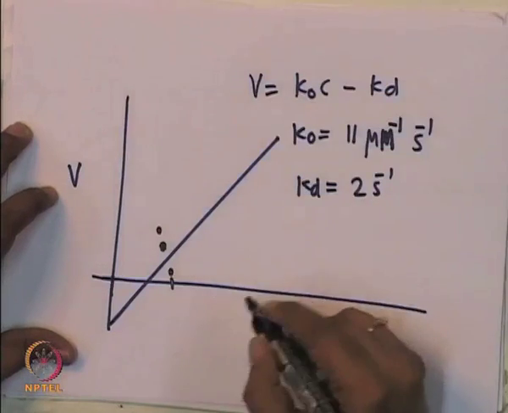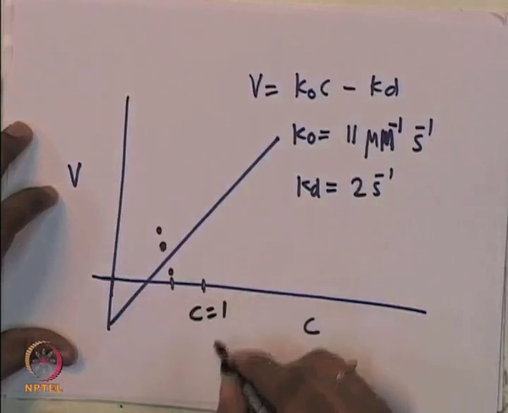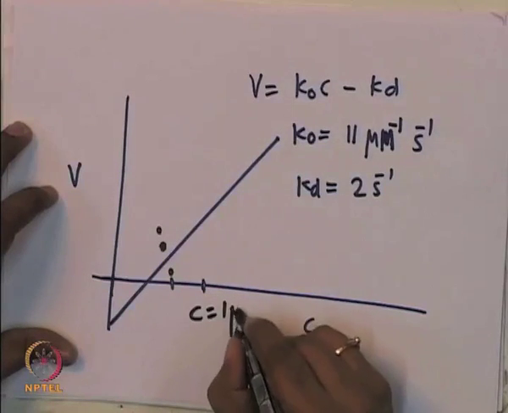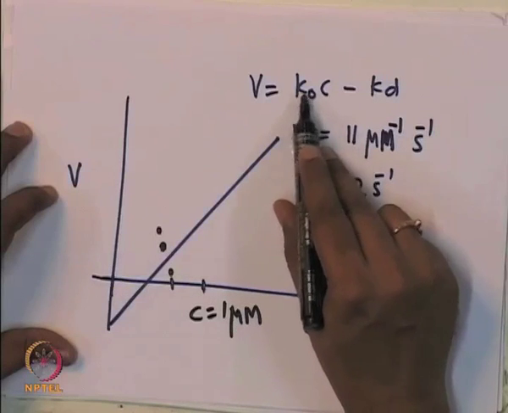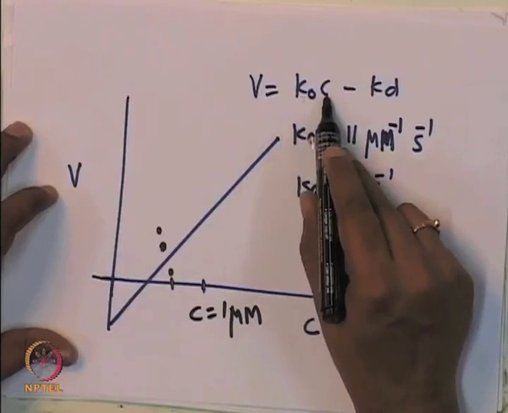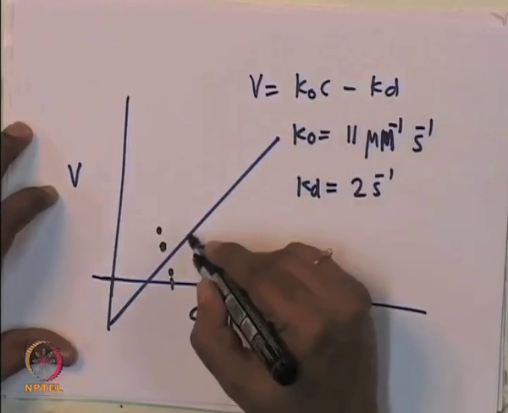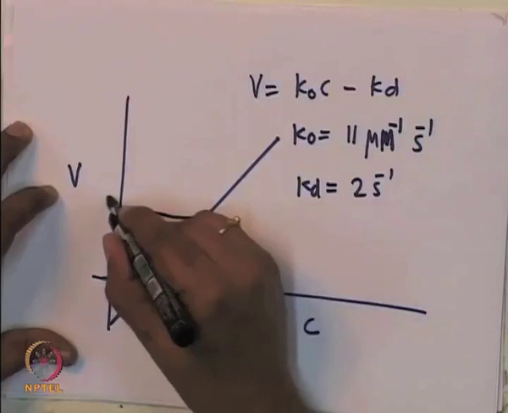Let us take this particular value C is equal to 1 micromolar. What is K0 C minus Kd? K0 is 11. So, 11 into 1 is 11, 11 minus 2 is 9. Theoretically this value is 9.